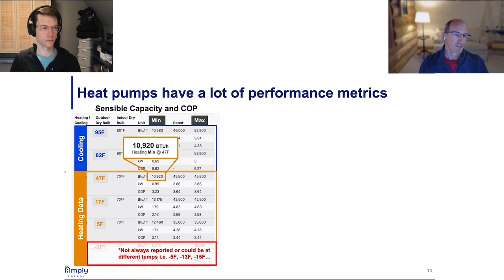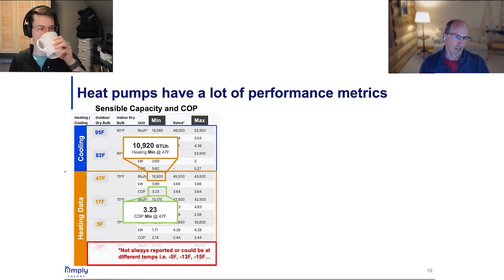And so if we use an example here, looking at heating data, at 47 degrees Fahrenheit, this particular piece of equipment has just under 11,000 BTUs per hour of heating capacity, or rather minimum heating capacity. And we can do some math. Again, this test point may or may not have been directly measured in the laboratory, but we can do some calculation and say, okay, using the data that was pulled during laboratory testing, we've got a power input, and we can calculate what's the COP.